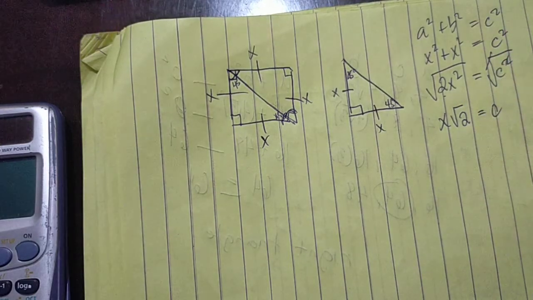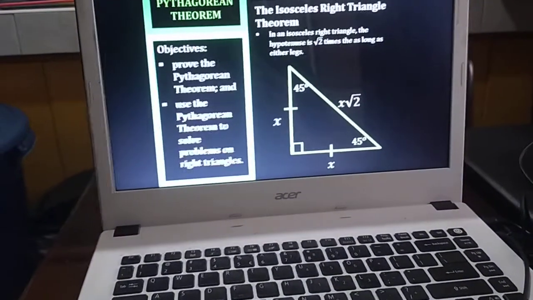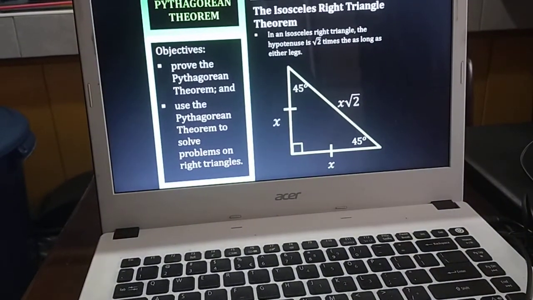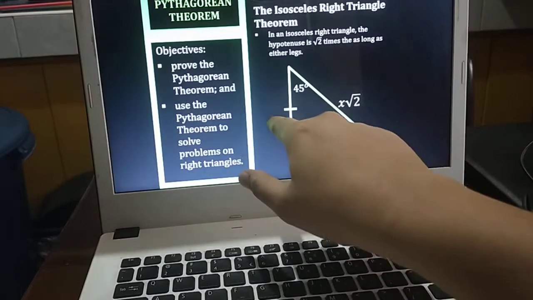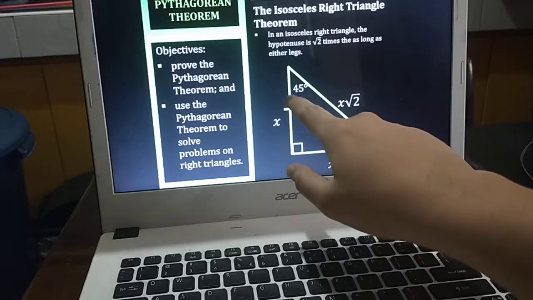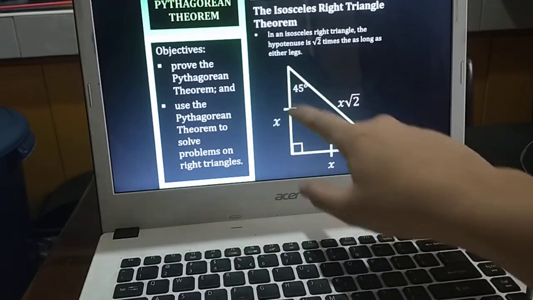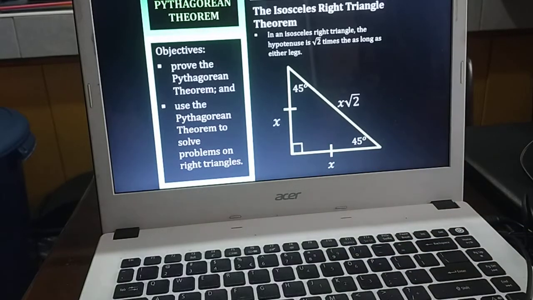So based on this given, lalabas siya dito. Tada! Now these two legs are always congruent because it is an isosceles right triangle. And since you have equal angles, they will also have equal legs.